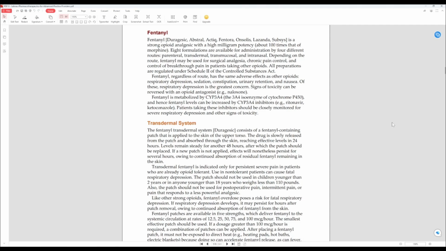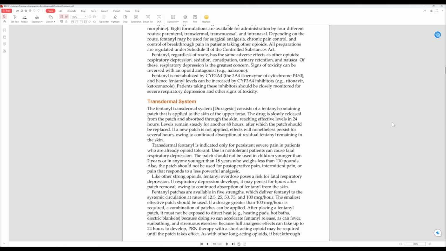Fentanyl, regardless of route, has the same adverse effects as other opioids: respiratory depression, sedation, constipation, urinary retention, and nausea. Of all of these, respiratory depression is the greatest concern. Signs of toxicity can be reversed with an opioid antagonist. Again, Narcan.